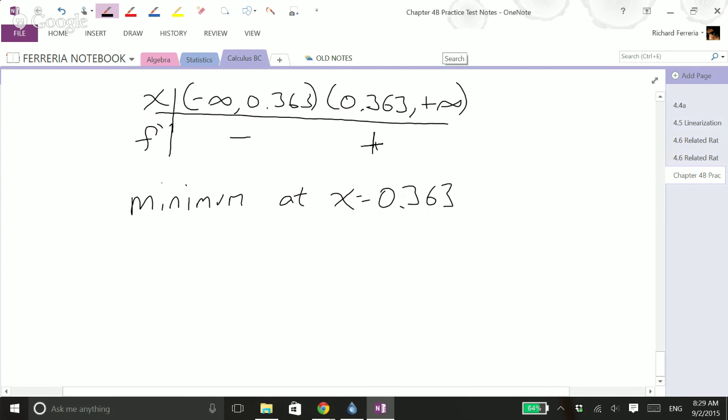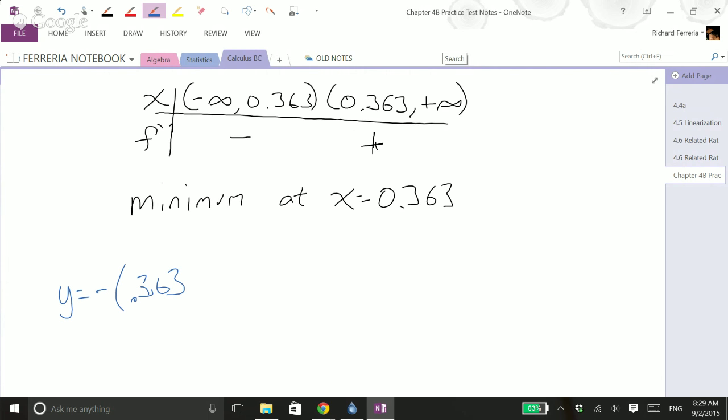And how do I get that y coordinate? Yeah, y equals negative x squared. Off to the side, let's compute that. Y equals negative. And a good thing to think about now is if I just squared 0.363, I'll probably get the y coordinate wrong, because 0.363 is not the answer to the y coordinate. So I'm going to need more digits there. How many digits should I put? Maybe 2 more?